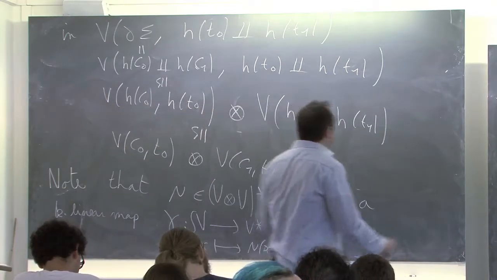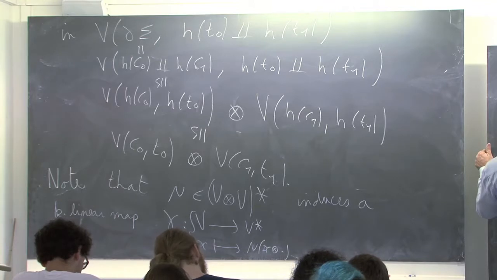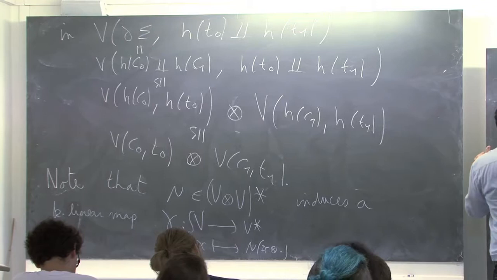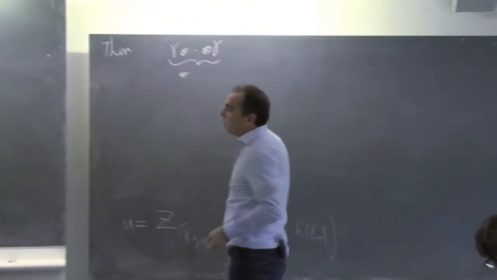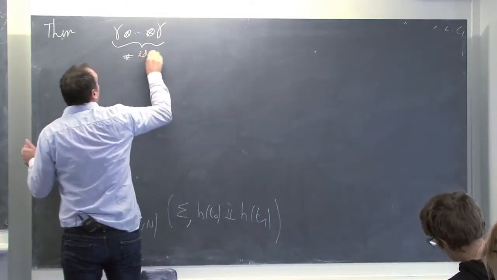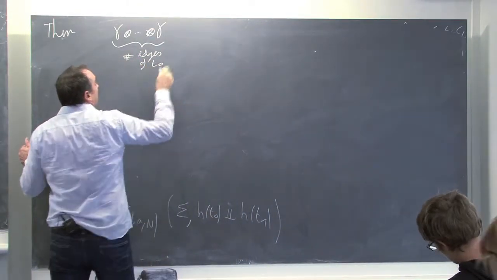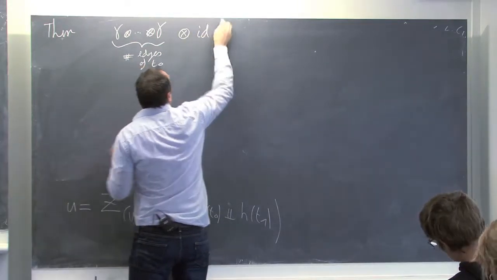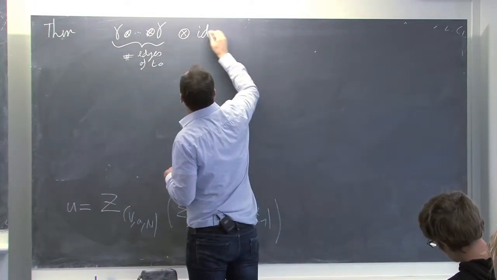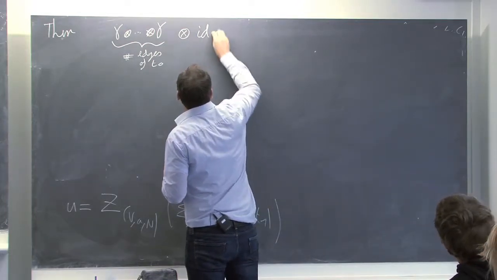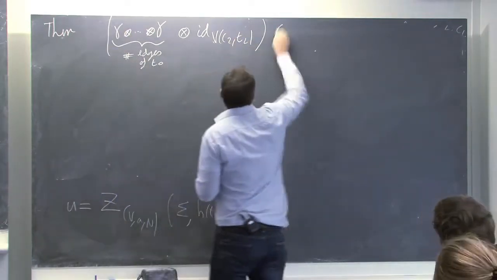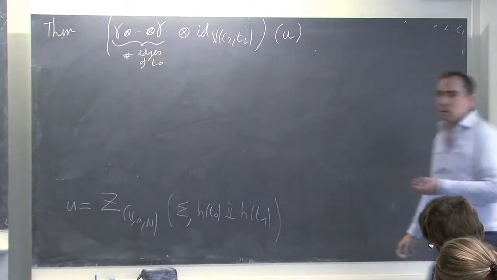You can apply gamma, the number of edges of T0, the identity of V(C2, T2), of the vector mu.